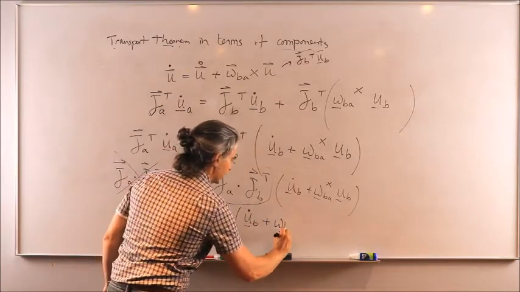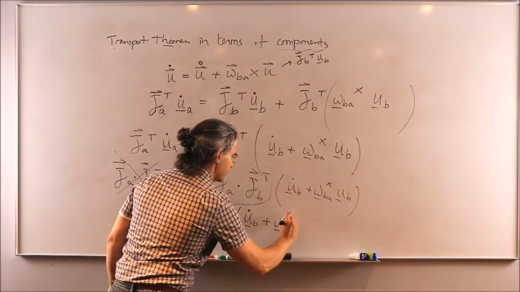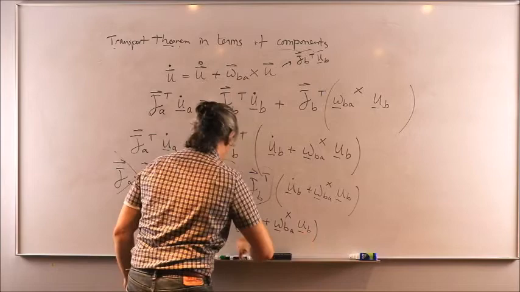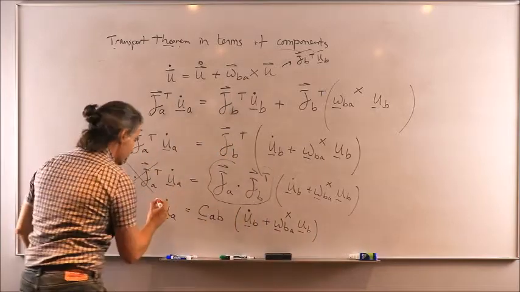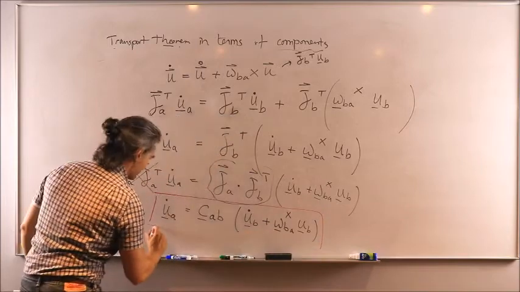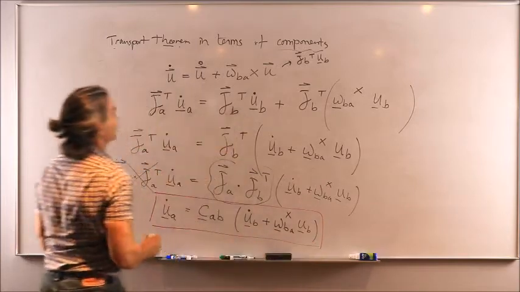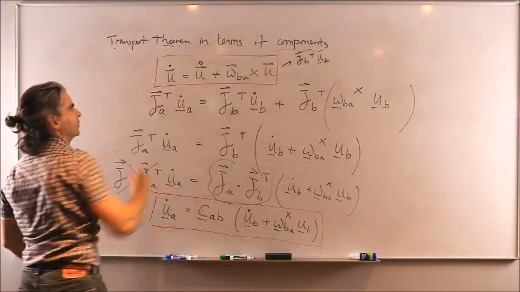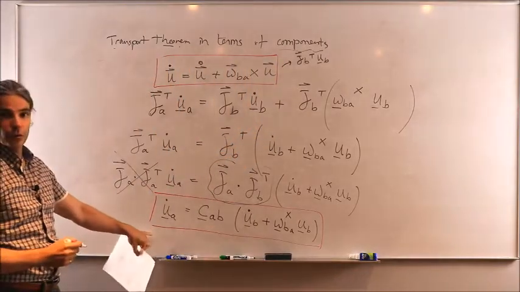plus omega BA skew-symmetric times UB, like that. And this, ladies and gentlemen, is the transport theorem, not in terms of vectors, which is what we had to begin with, but in terms of components, okay?